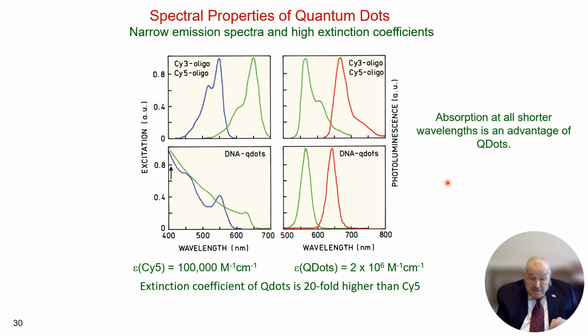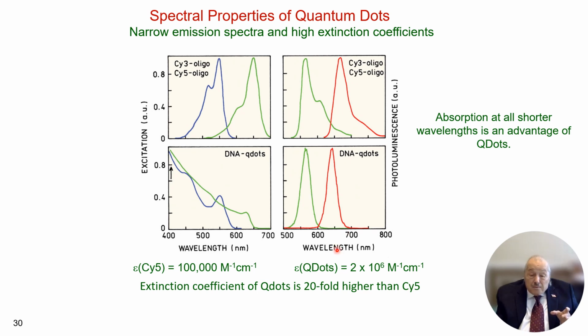They have some unusual spectral properties, which has really made them useful in the medical community. First thing is they have very narrow emission spectra, maybe not as narrow as the lanthanides, but they're even more narrow than the cyanine dyes.